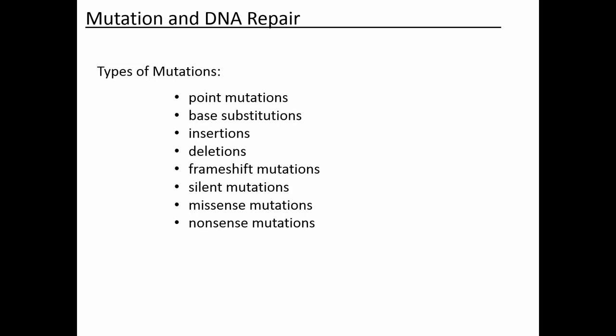You can do the same thing if you delete a nucleotide base pair. If you delete that, that would also shift the reading frame, because then you're going to read ACA as the next codon rather than ACG. Is everyone okay with frameshift mutations?